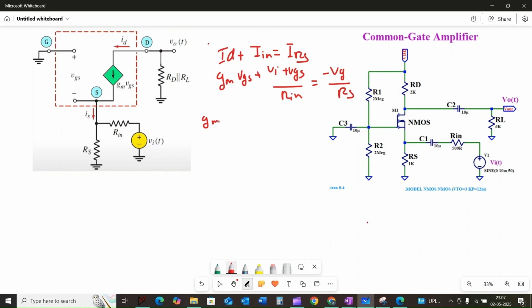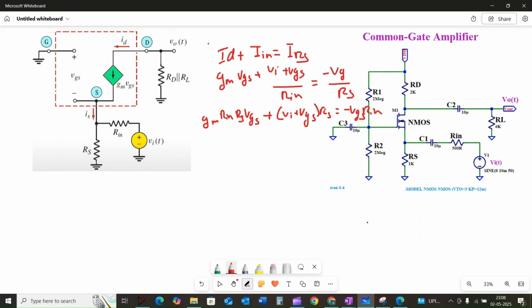So that Gm into Rin into Rs VGS plus Vi plus VGS into Rs is equal to minus VGS into Rin.